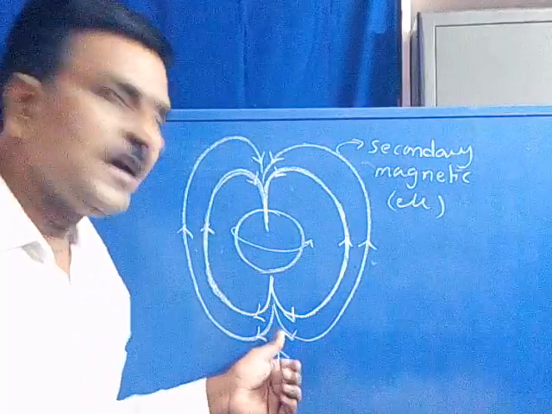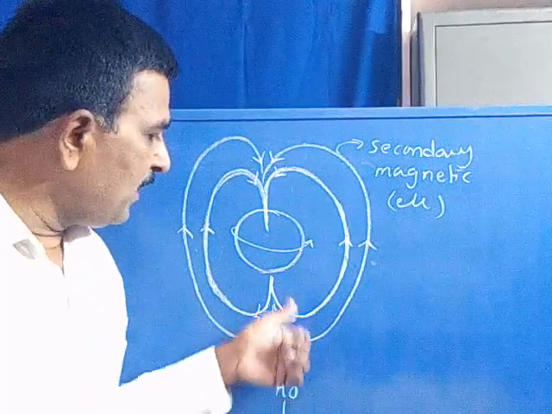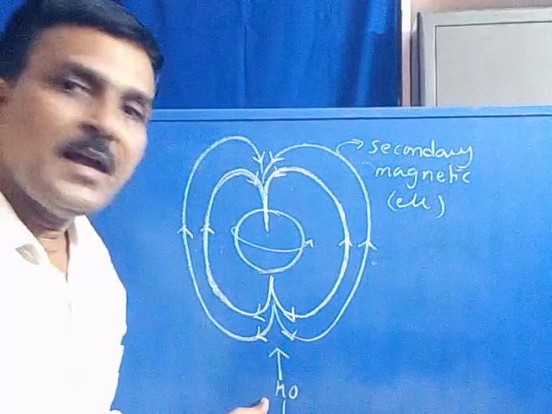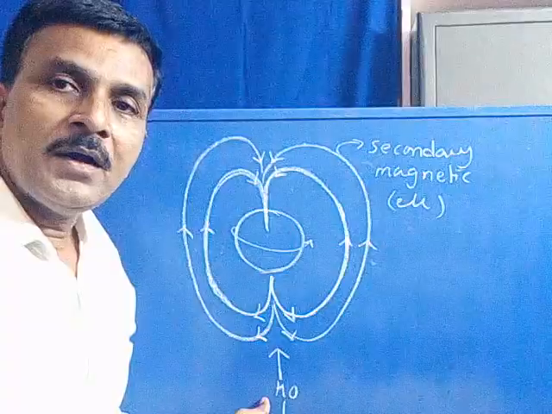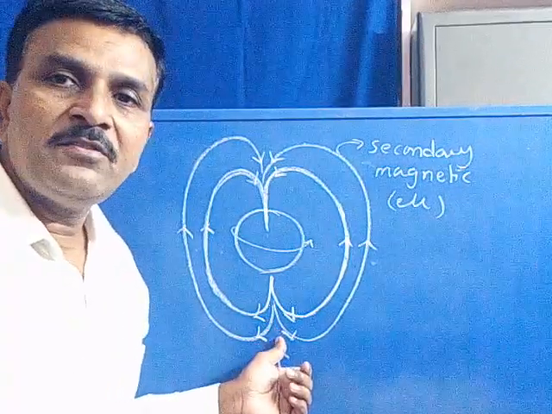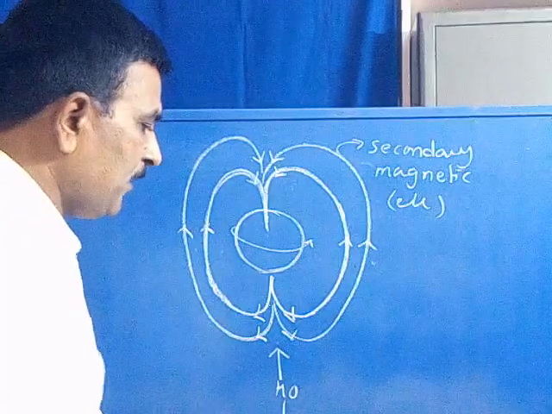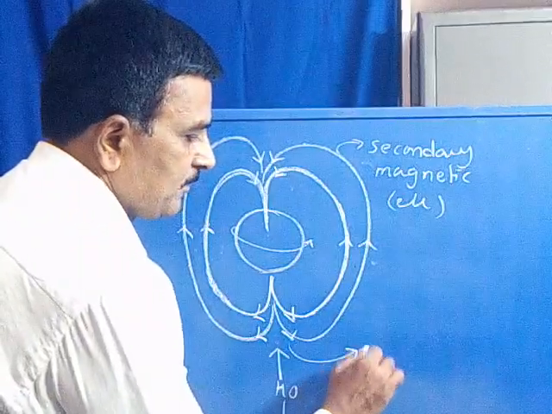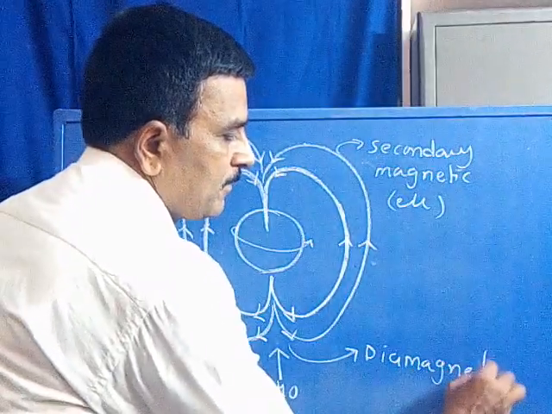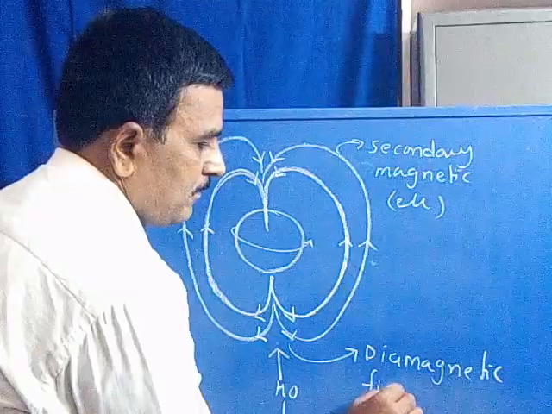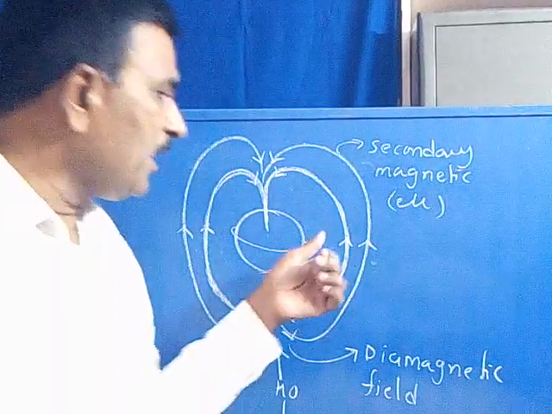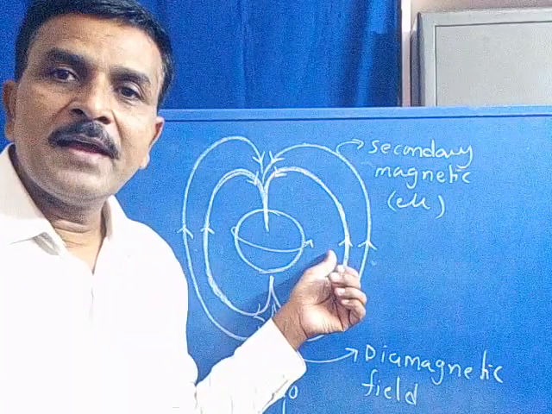Now the secondary magnetic field whose traveling direction is exactly opposite to the direction of the external magnetic field is considered a diamagnetic field.